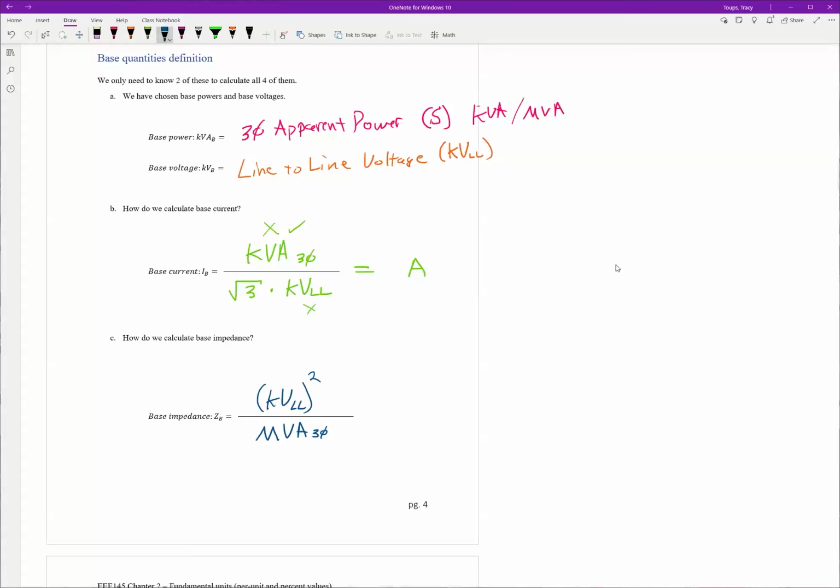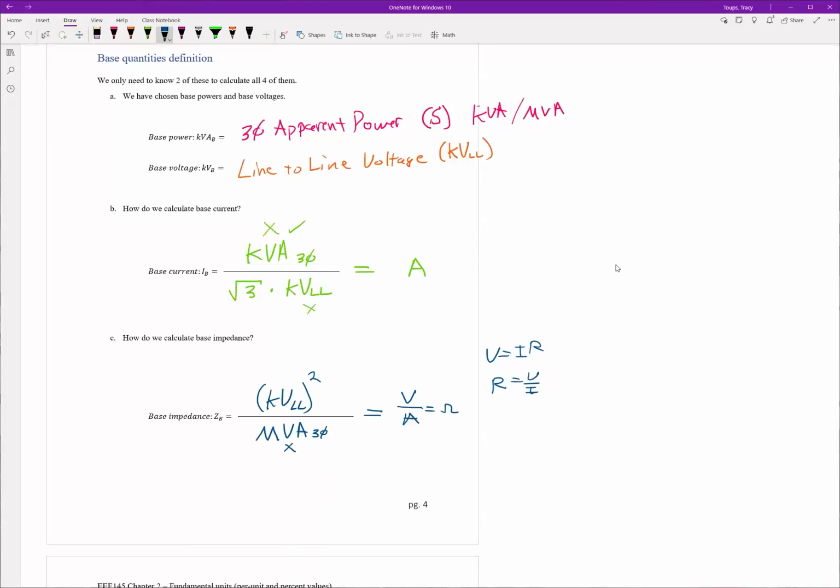This is an old physics trick. Write down your units. At the end over here, we want Z. Remember, V equals I times R. If I want R, it's going to be V over I. So I just need to make sure at the end I have volts over amps, which is equal to ohms. So again, we have V squared over VA.